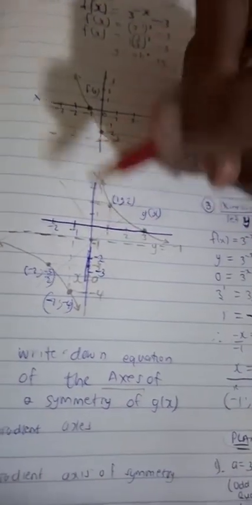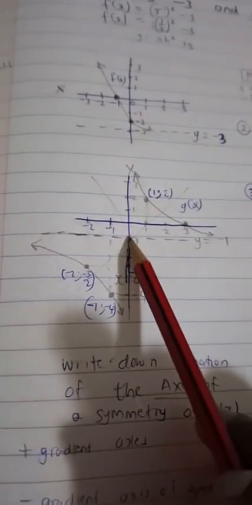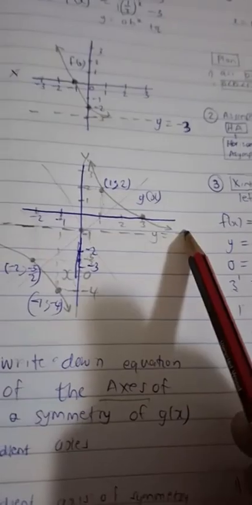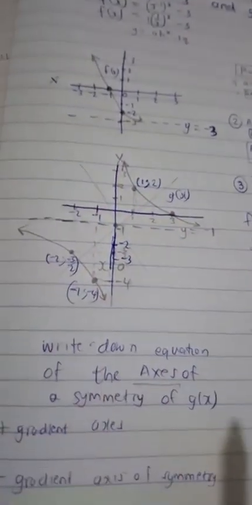Where those two lines intersect is exactly at the point of intersection of the horizontal asymptote and the vertical asymptote.